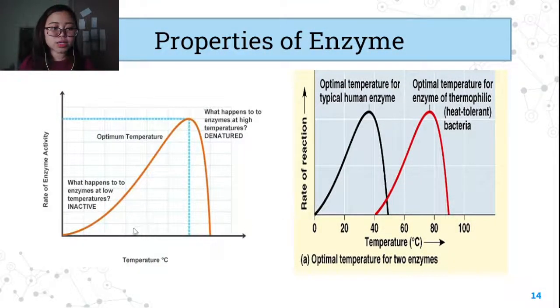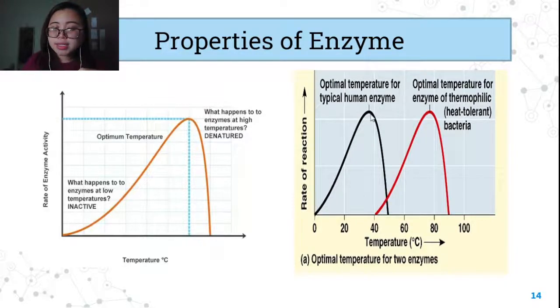So this is once again showing the graphs, rate of reactions against temperature, and you can see where is the maximum rate of reaction right at the optimum temperature. Now for this graph on the right, you could see that there are two curves here. The black curve is showing the optimal temperature for the typical human enzyme.